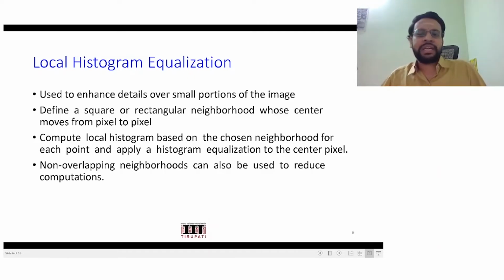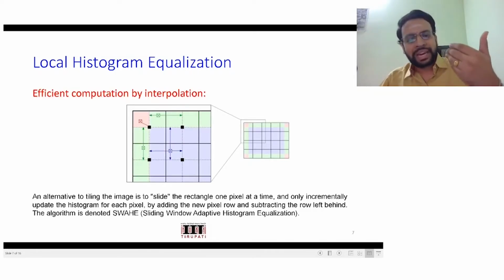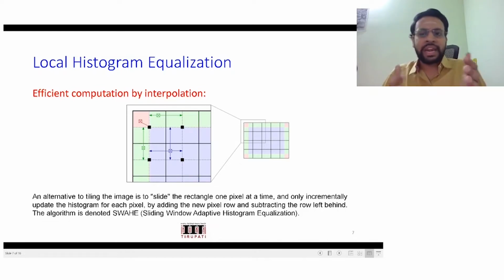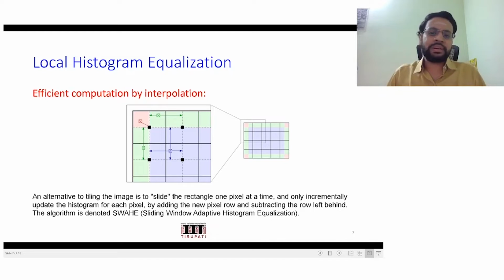By the way, local histogram equalization is also commonly referred to as adaptive histogram equalization, because it is adapting based on where that particular pixel is and what the intensities of the pixels surrounding it are.